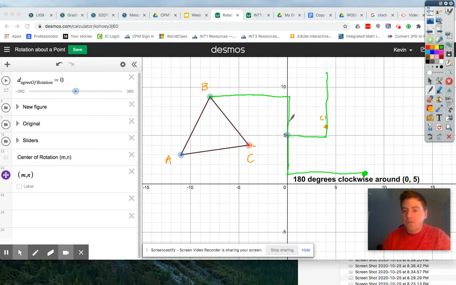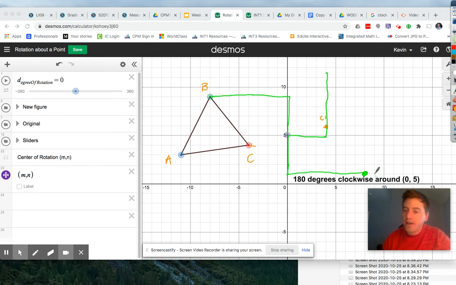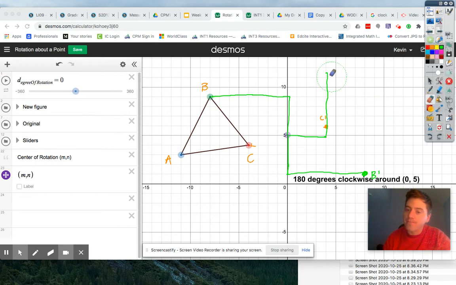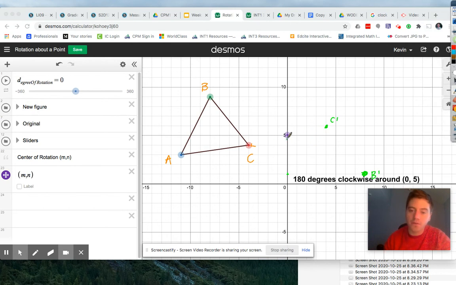And after that 180-degree turn, I am at my new B prime, and I'm going to ditch my guiding. I accidentally erased C prime there, so I hope I put it in the same spot.